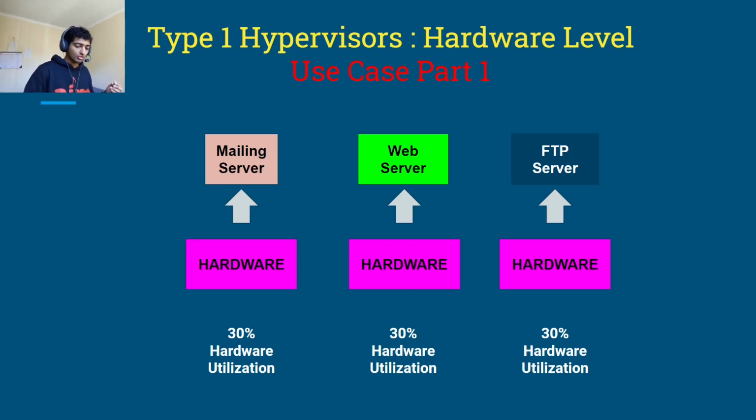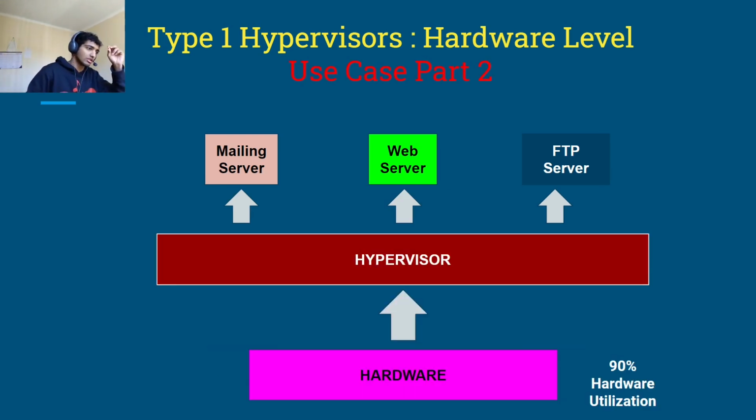So what you can do with virtualization is put all of them in one computer, so you can utilize the resources of one computer, and have your hypervisor between the hardware and the operating systems that run the mailing server, the web server, and the file transfer server.